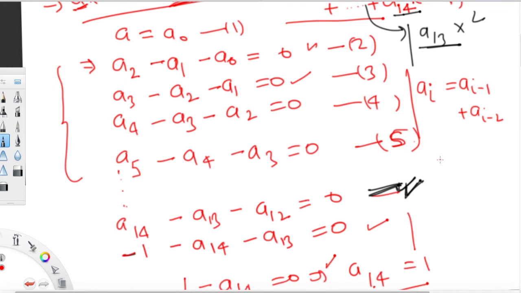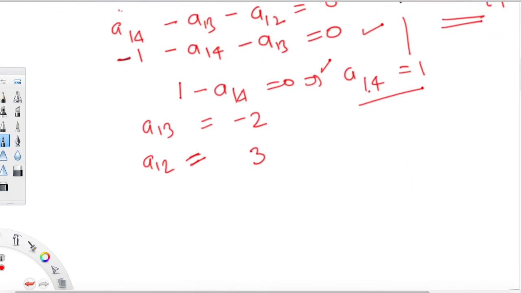Now I am using this relation again and again. So notice that ai minus 2 is equal to ai minus ai minus 1. This is the version which I am going to use repeatedly.